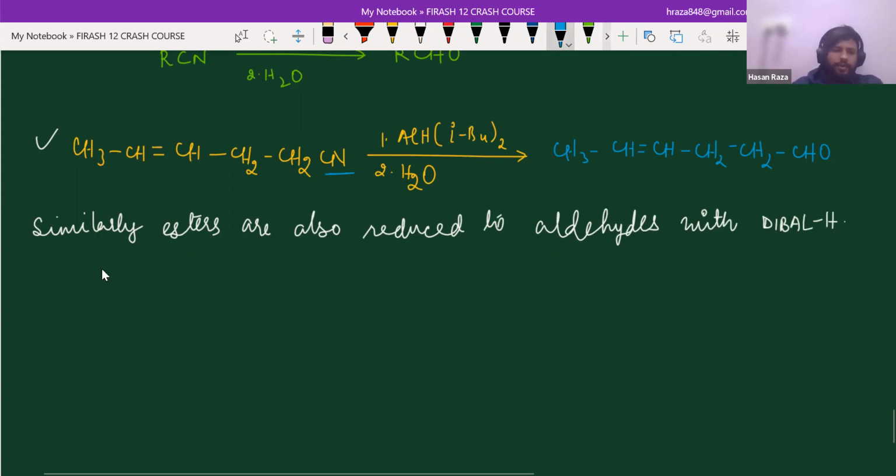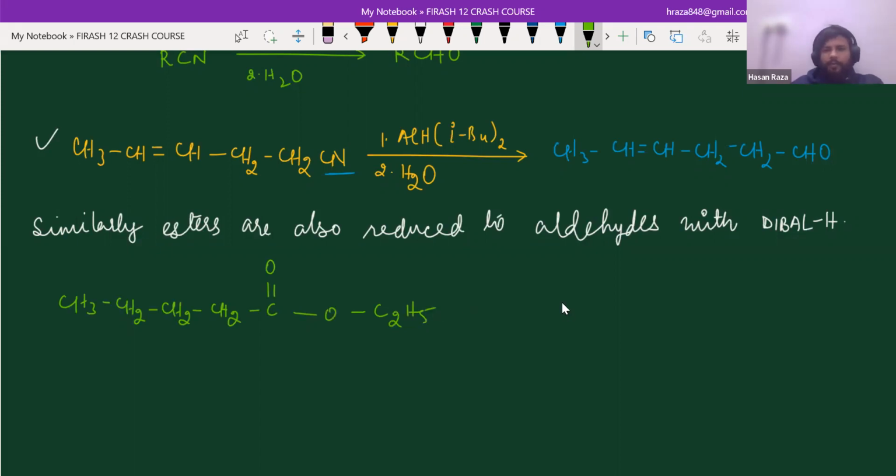As you can see, this is your CH3, CH2, CH2, and this is your CH2, and this is your C double bond O, and then O, and this is your C2H5. If you treat this with DIBAL-H followed by hydrolysis in the same way, what will happen here?